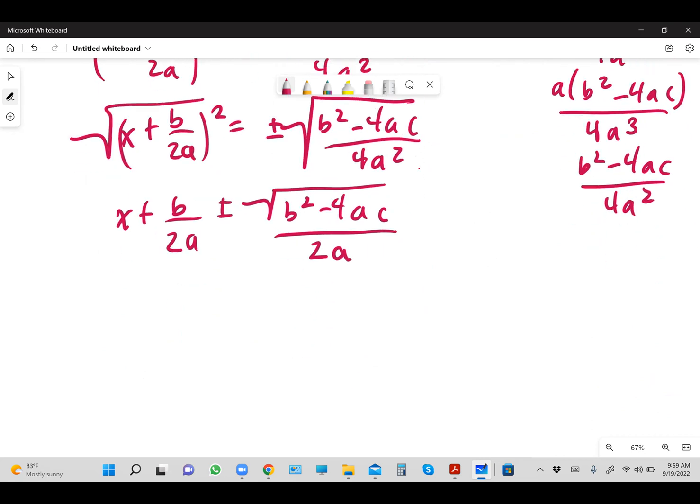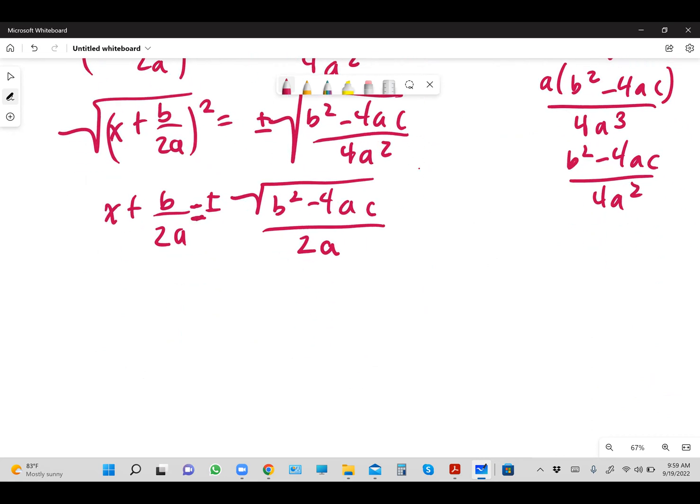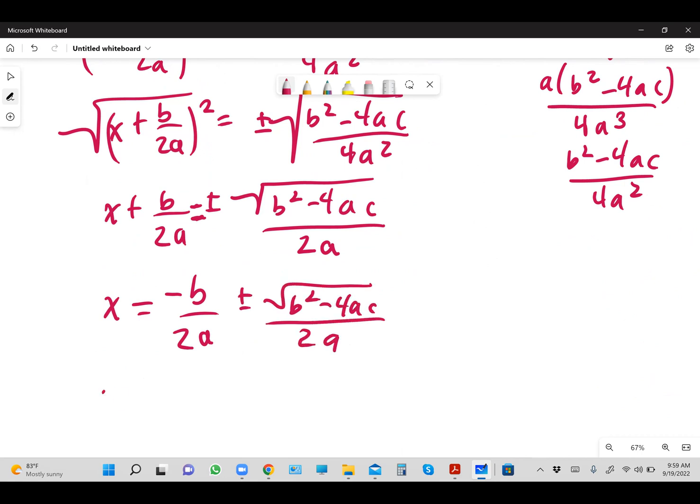Then I subtract, x equals negative b over 2a, that's why I told you you're going to hate me, plus or minus the square root of b squared minus 4ac all over 2a. But now you have your quadratic formula, which is negative b plus or minus the square root of b squared minus 4ac all over 2a.